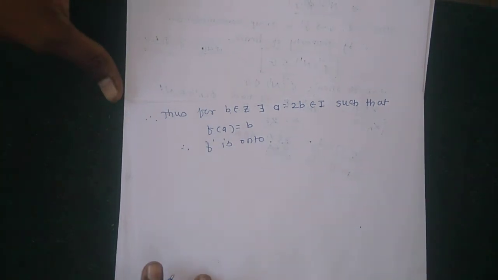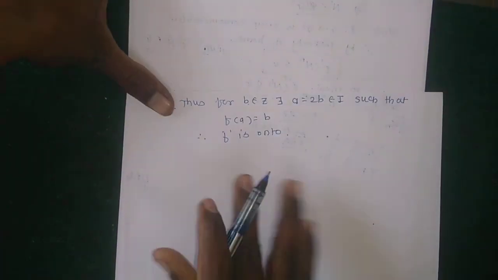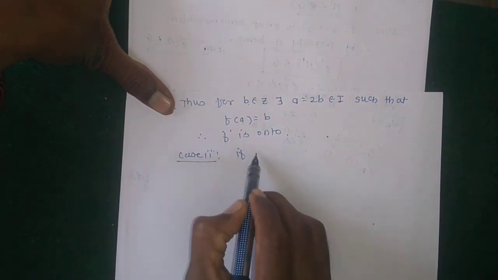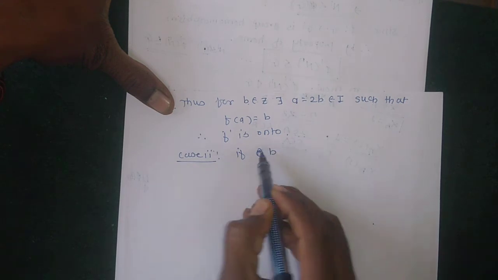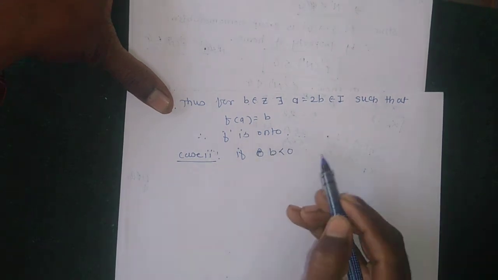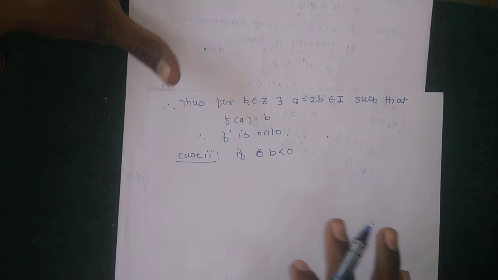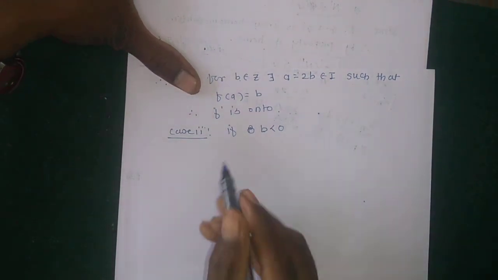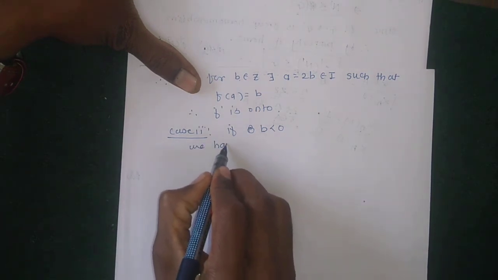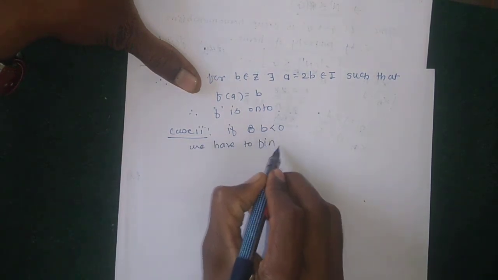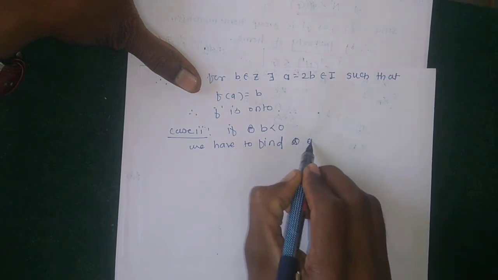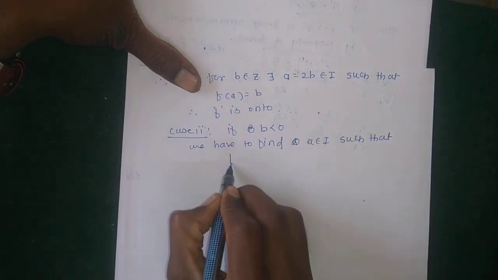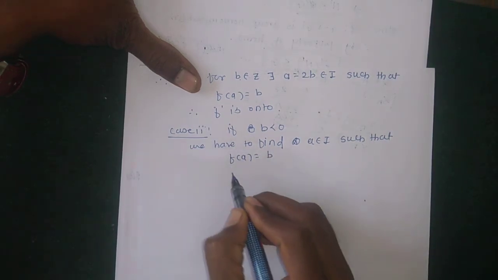Next, the second case: if b is less than 0. The first case was b greater than 0, and here the second case is b less than 0. Then we have to find a belonging to I such that f of a is equal to b.